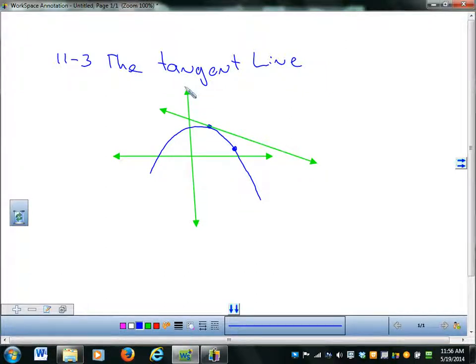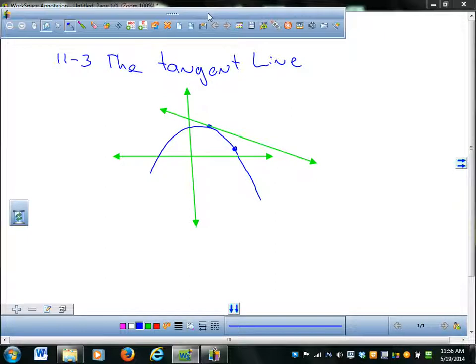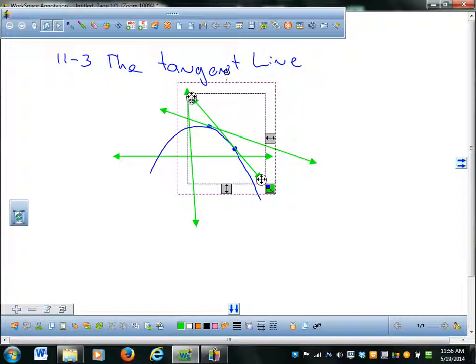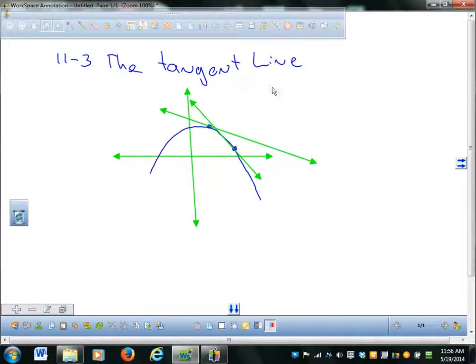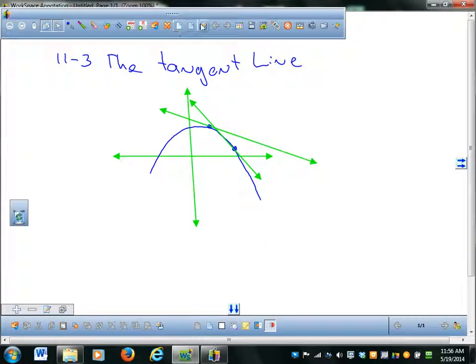If you draw a line that is not exactly tangent to the curve, that goes through two points, it's not very good.